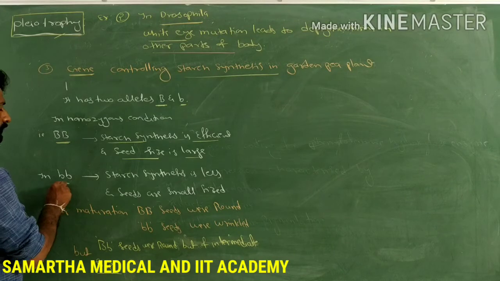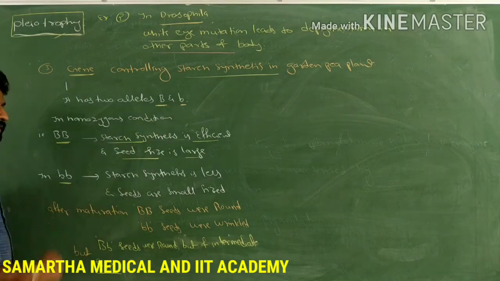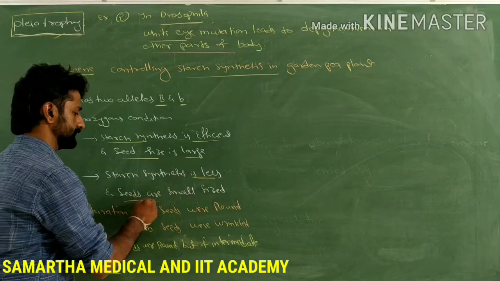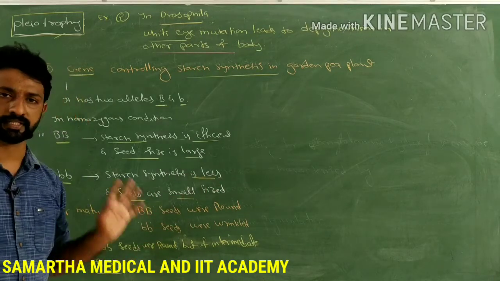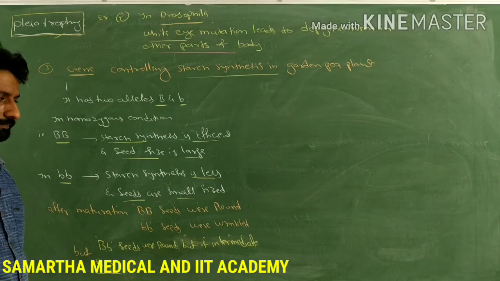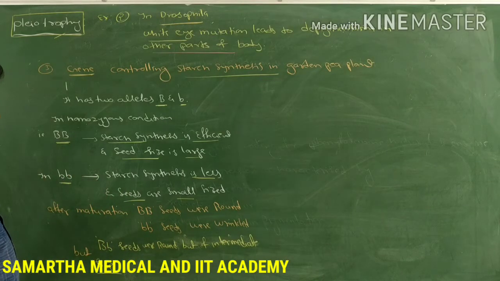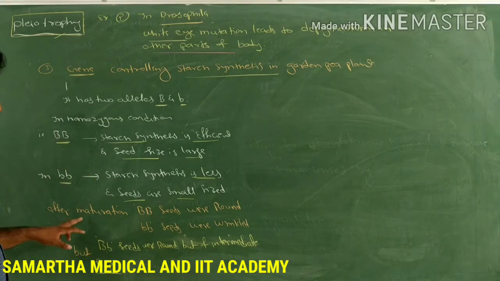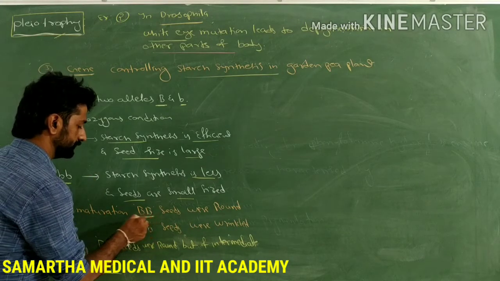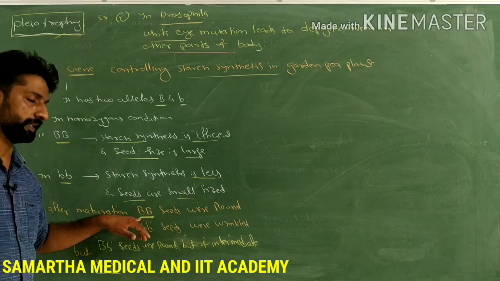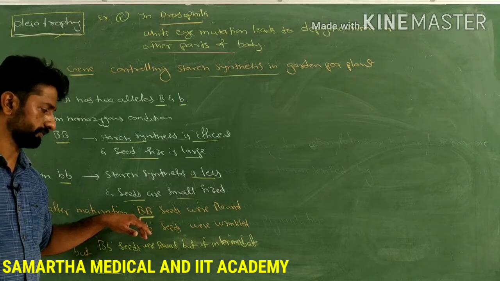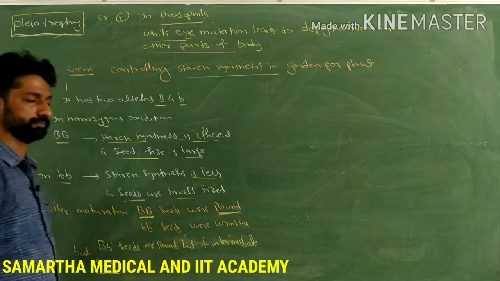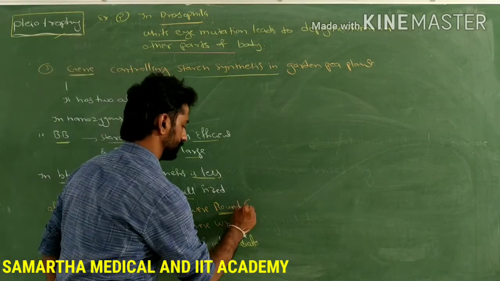But when the other allele is present in homozygous condition, starch synthesis is very less and seeds are found to be very small sized or short. So after maturation, the seeds with the allelic combination capital B and capital B, that is the homozygous combination of capital B alleles, were found to be round.